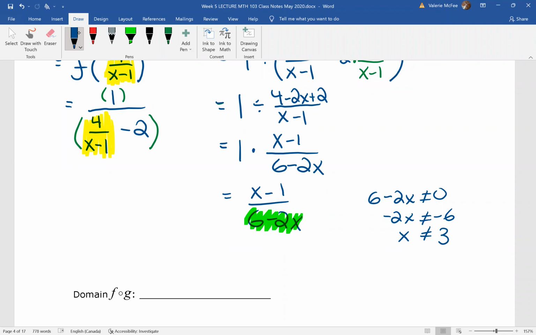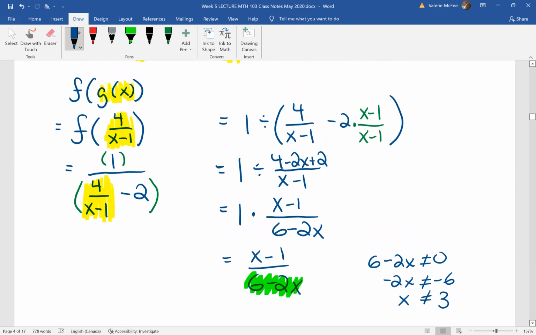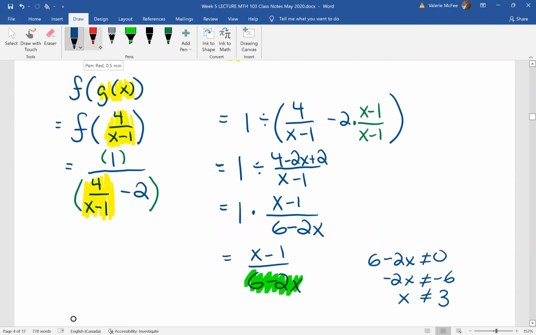However, we also need to go back to the start of our expression and look here. Oh, I'm going to do that with my red pen. You should do this with your red pen as well. Check for restrictions.